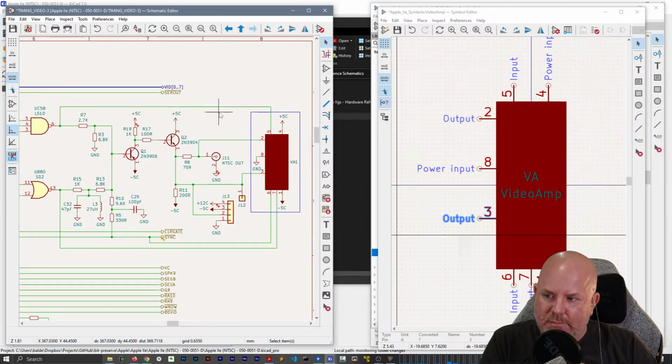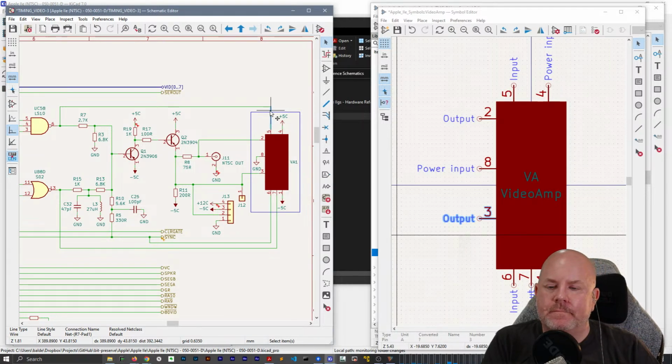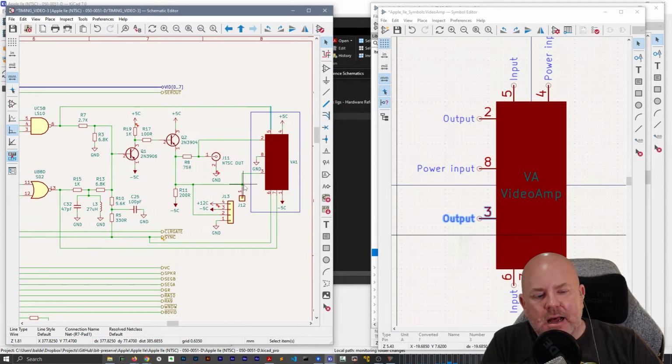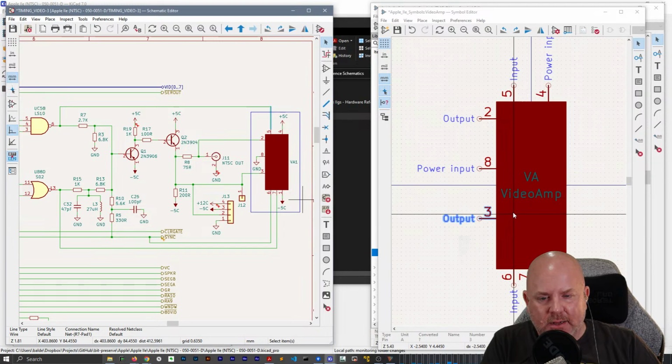Yeah, that's what I'm actually thinking. Maybe this is the composite signal. 5 is the luminance information. Okay, I'm gonna leave it like this for now.